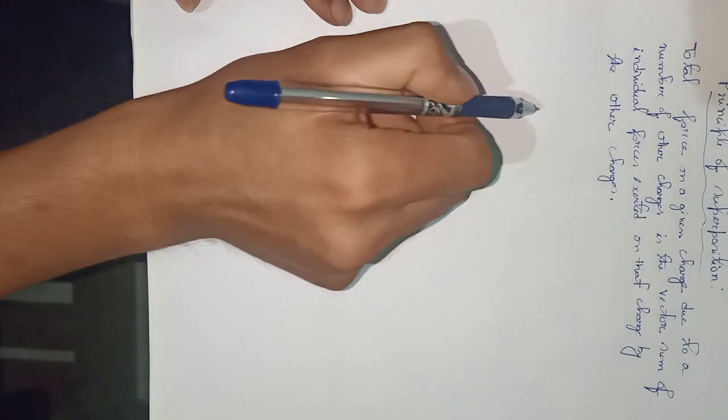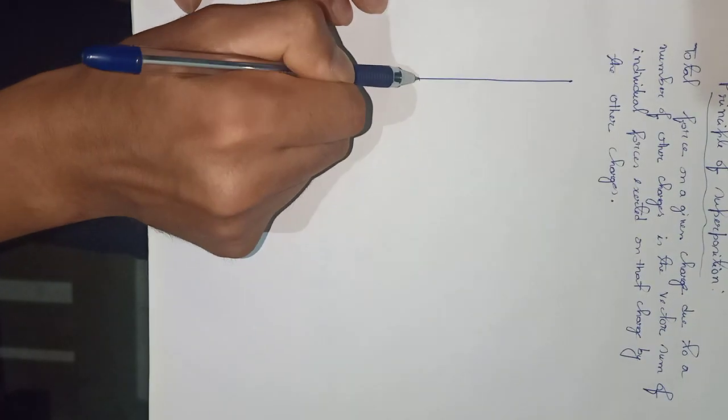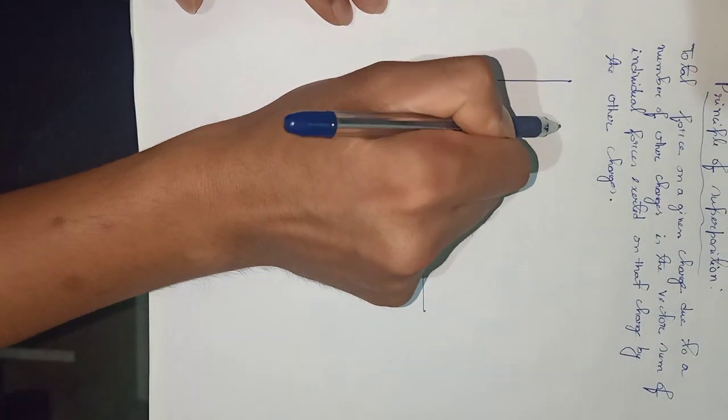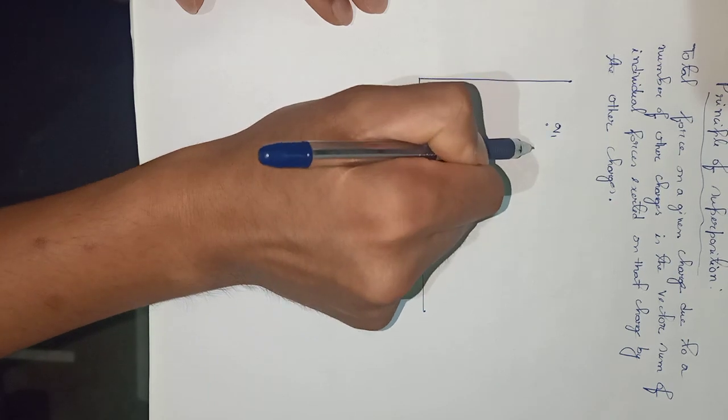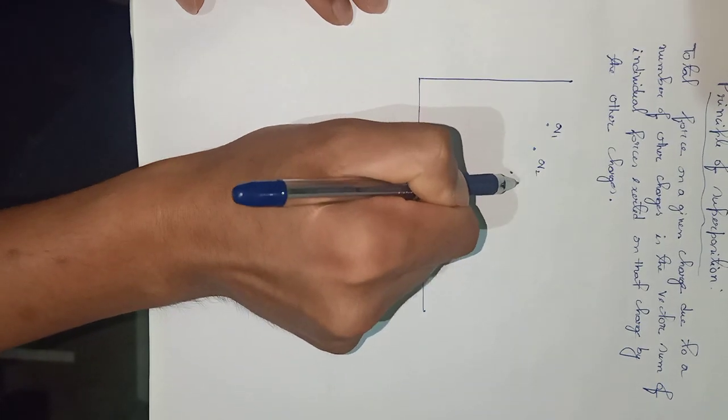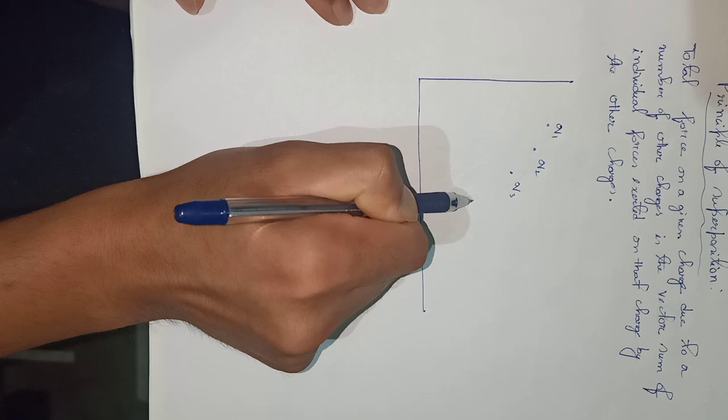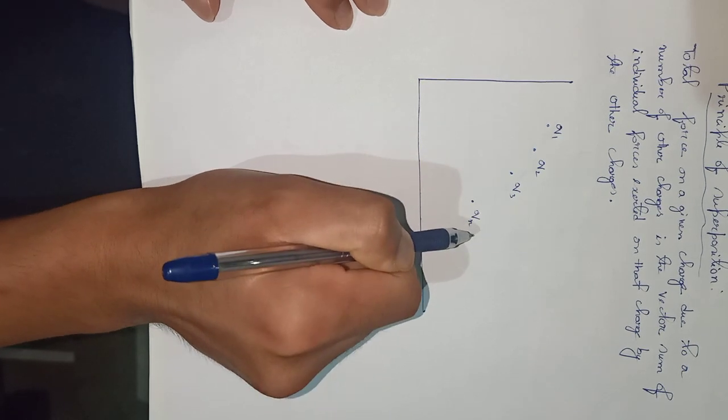Now, let's look at it this way. Suppose this is your Q1, this is your Q2, this is your Q3, and so on. This is your nth charge, Qn.